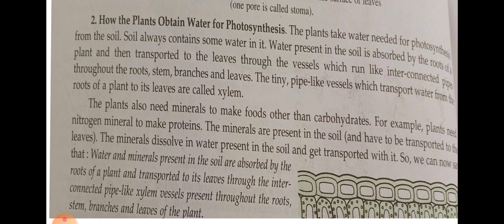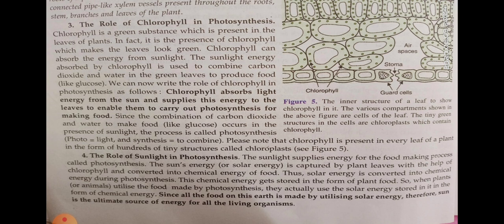Next is the role of chlorophyll in photosynthesis. What is the role of chlorophyll in the photosynthesis process? Chlorophyll is a green substance which is present in the leaves of the plant. In fact, chlorophyll absorbs light energy from the sun and supplies this energy to the leaves to enable them to carry out the photosynthesis process for making food.